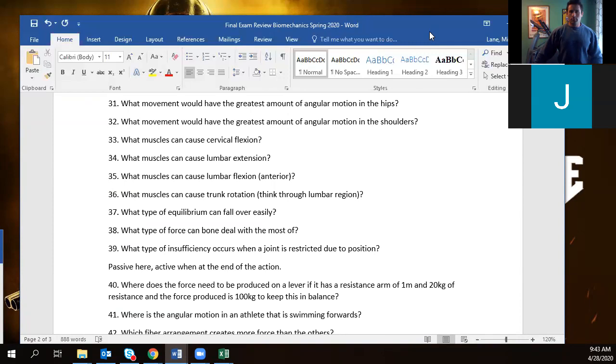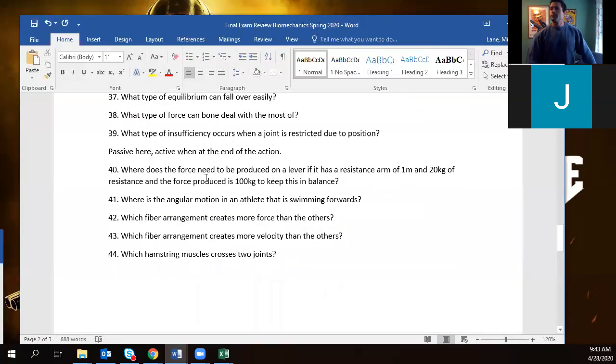I have one more question. For like 42 and 43, when it talks about the fiber arrangements, is that referring to like slow twitch and fast twitch fibers, or is this something else? That's referring to, remember, pennation. So pennated fibers and then longitudinal fibers.